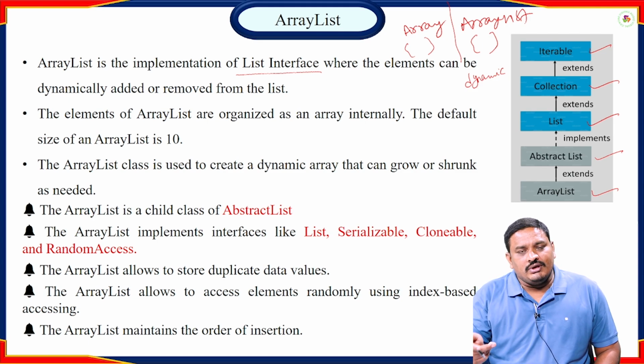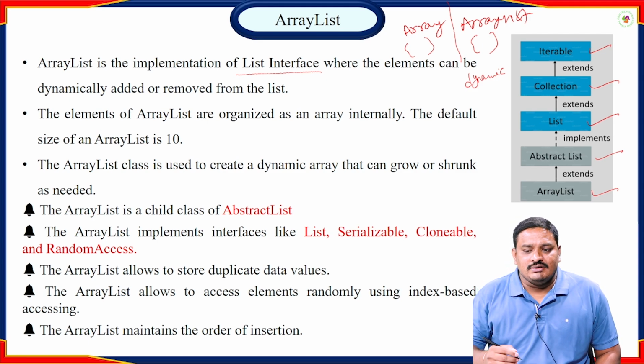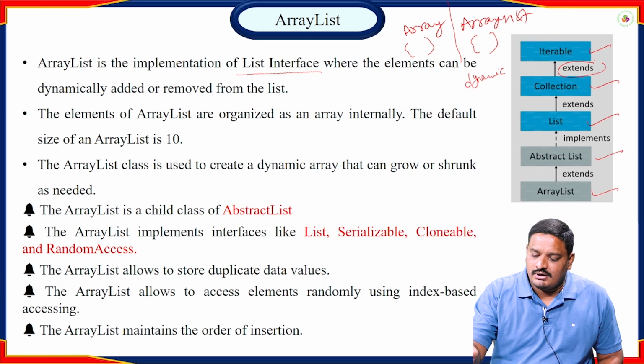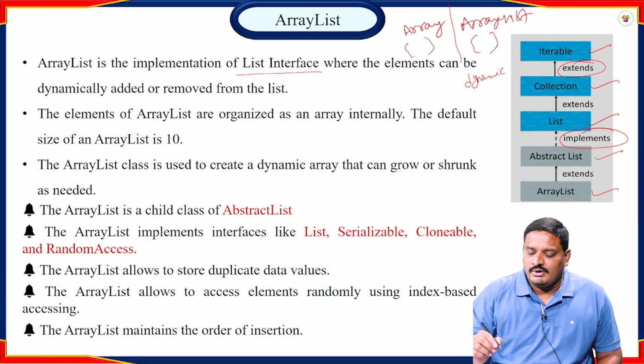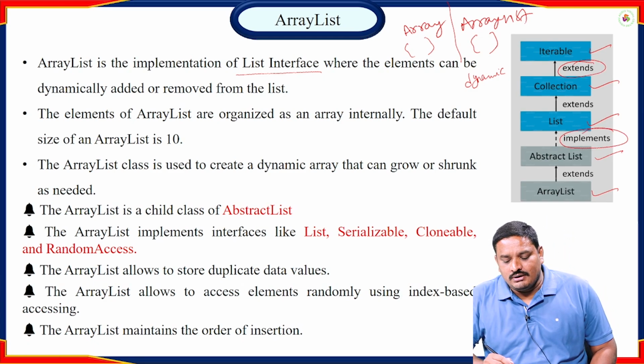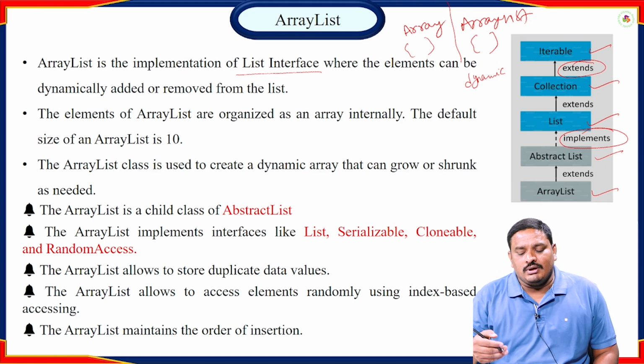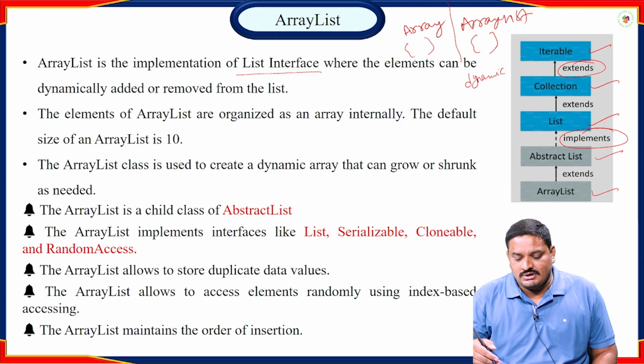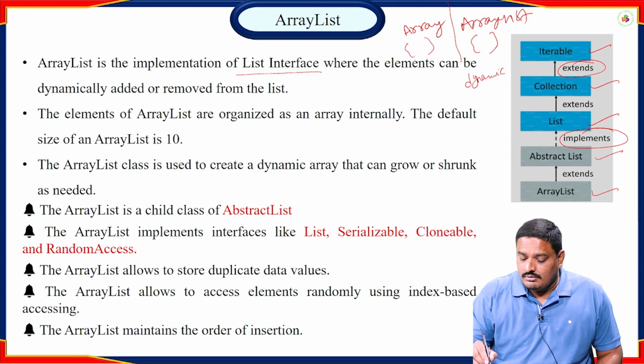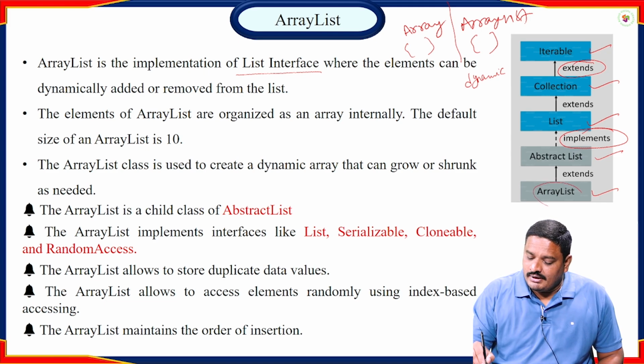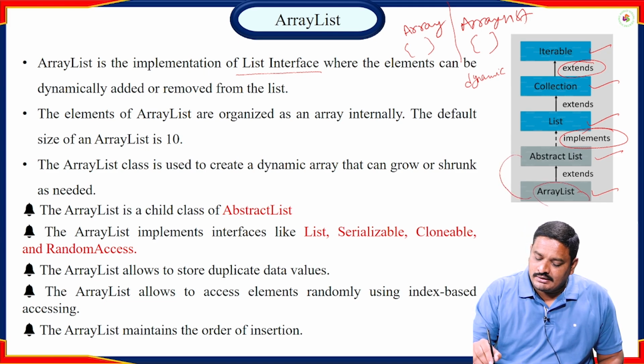Here there are two keywords. What is the meaning of these keywords? This is the extend keyword and implement keyword. When we use the extend keyword, a class is extended with another class.